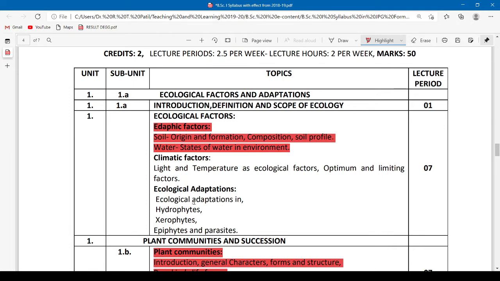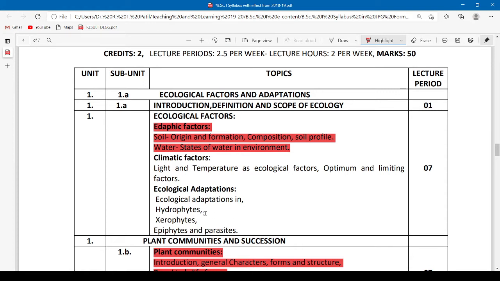The second part of this unit is ecological adaptations. Here adaptations means how different types of plants adapt to different kinds of environment, and how these groups of plants adapt to the environment.